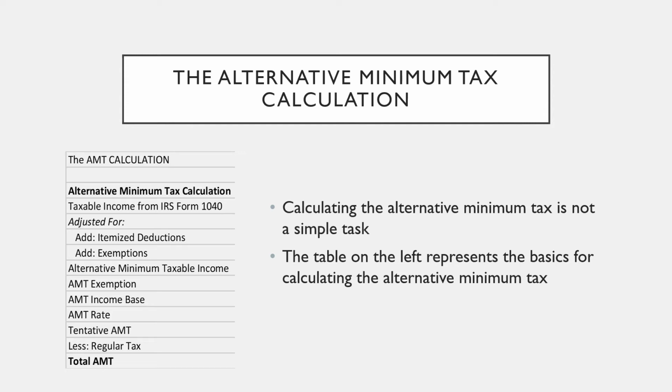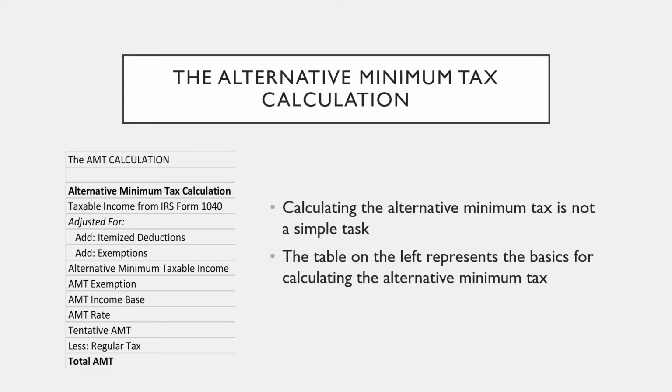The 26% alternative minimum tax rate applies to all taxpayers subject to the AMT whose AMTI is less than the specified amount.